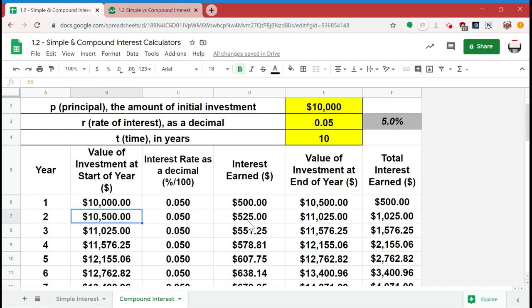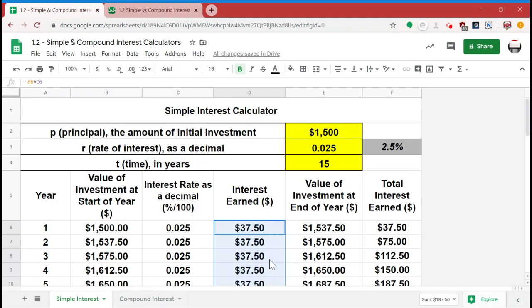So sometimes you'll hear that for compound interest, you earn interest on your interest, which is true. Any money that you make gets immediately reinvested, and you earn additional interest based on the total amount of money that you have at any point in time.